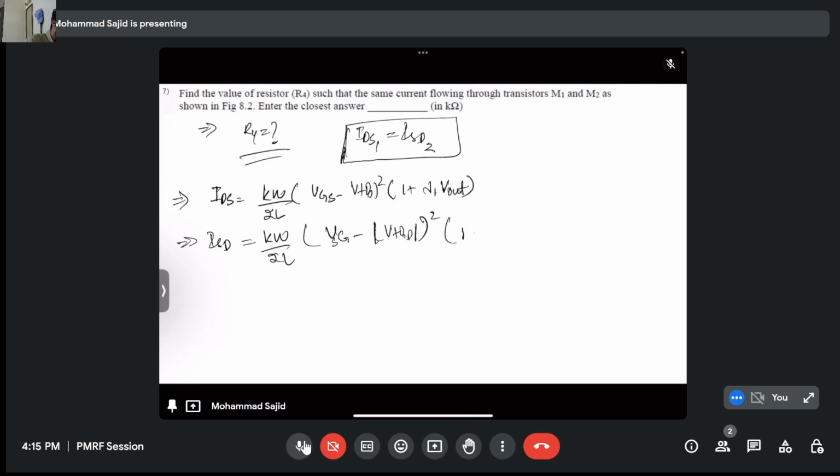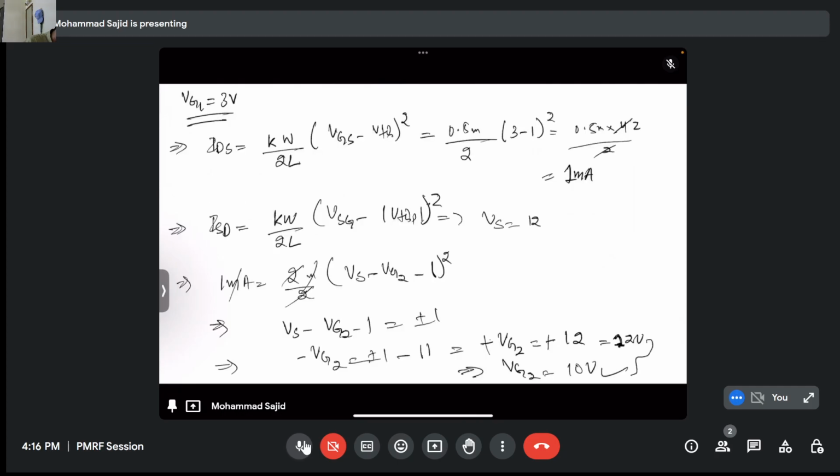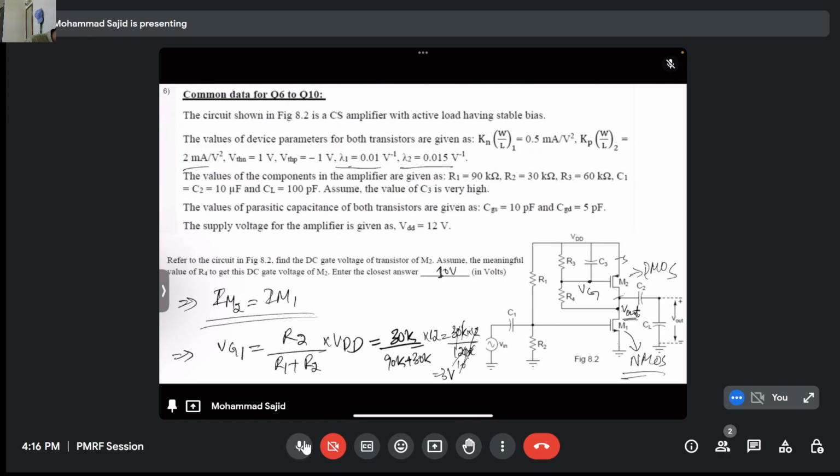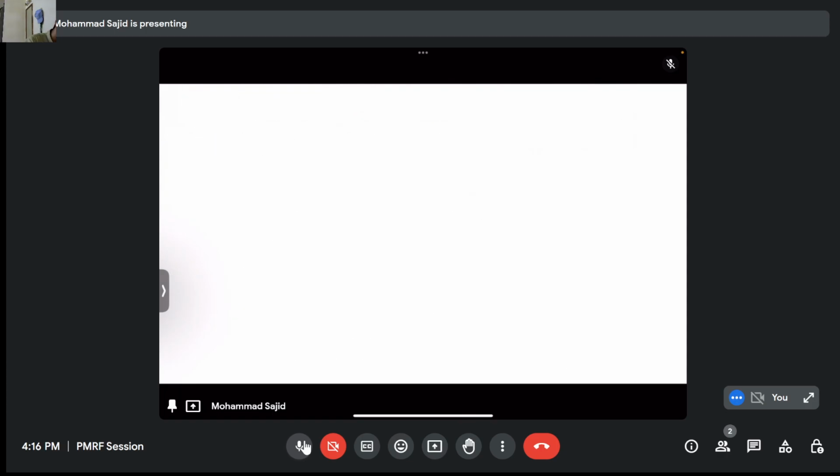And again, for this transistor, it will be 1 plus lambda 2 times VSD2. And for this transistor, this is source, this is drain. VSD2 will be equivalent to... I have to write it as, sorry, VSD. It's not VDS, it's VSD2.